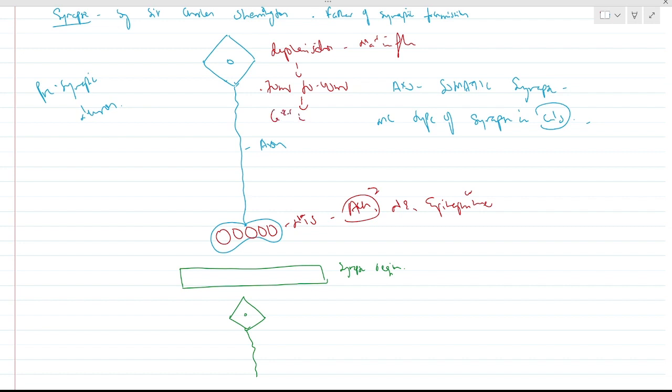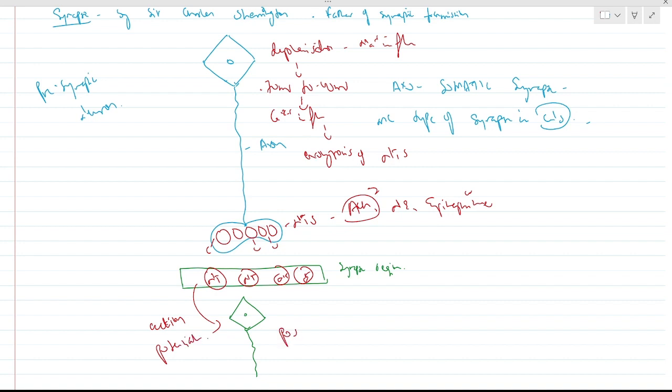Calcium influx leads to exocytosis of neurotransmitters. These neurotransmitters get exocytosed from the vesicles, go up to the synaptic region, and generate an action potential in the postsynaptic neuron.